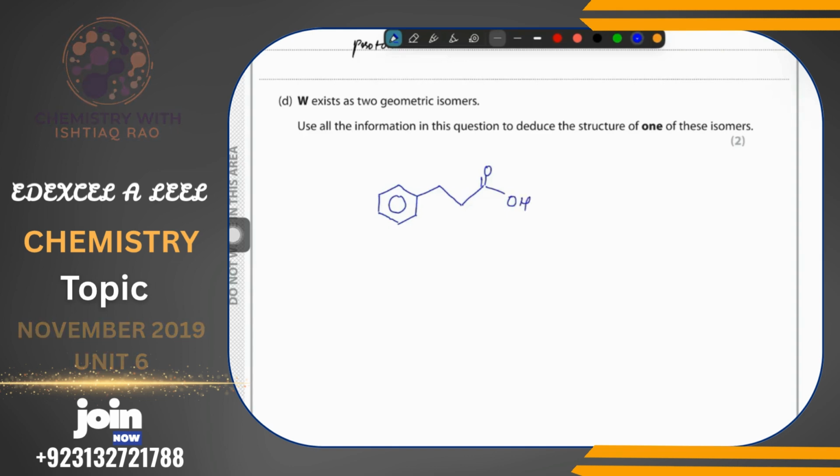Is there a double bond or not? No, because benzene has localized, delocalized double bonds, right? So it keeps getting delocalized in each bond, then keeps shifting.